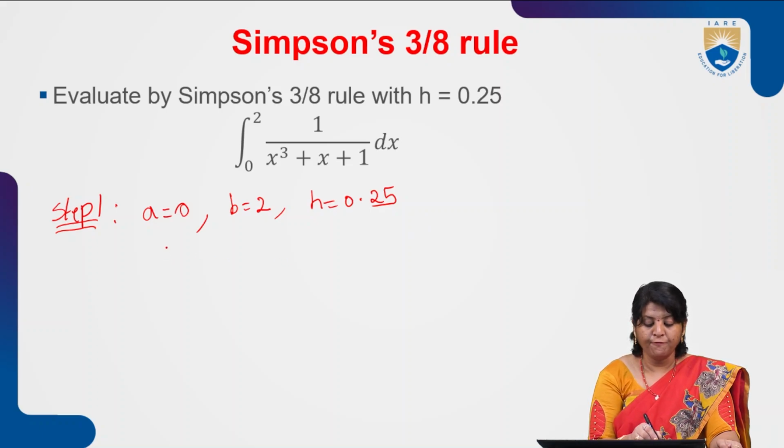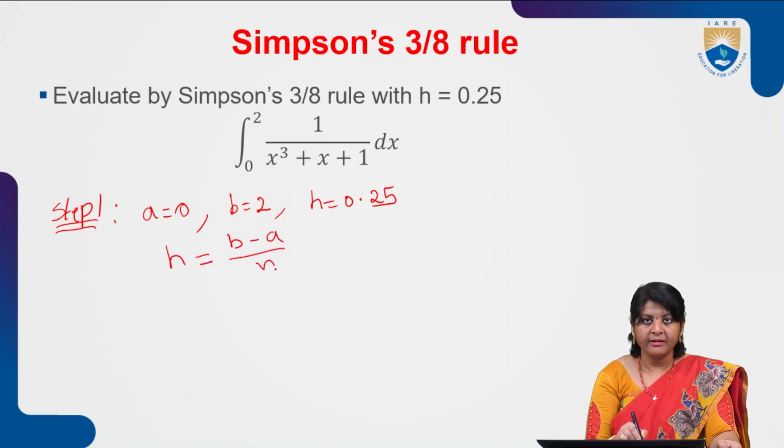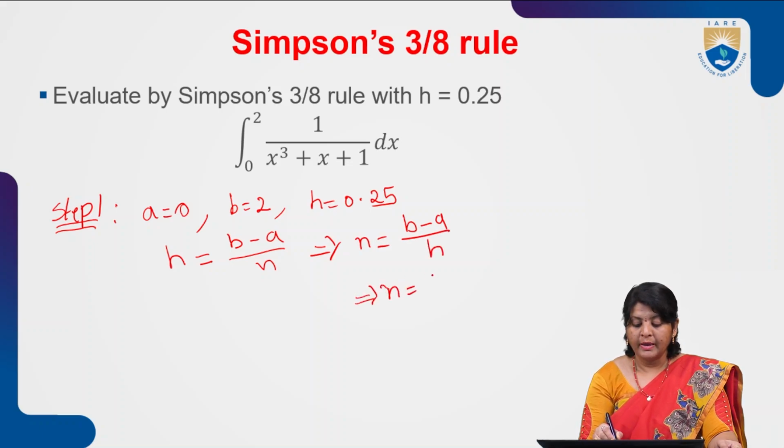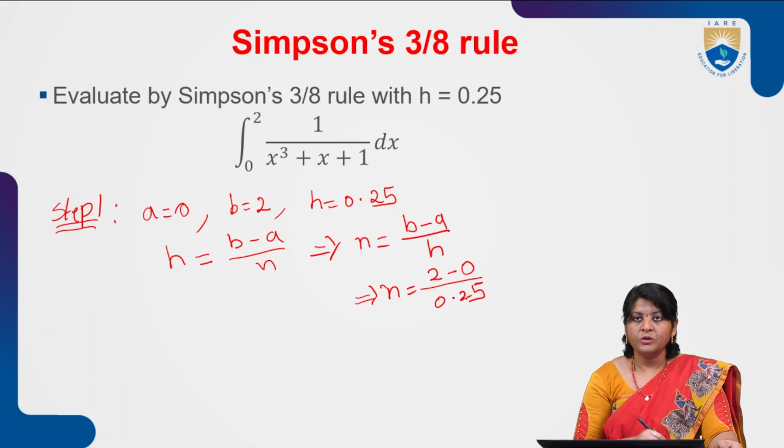As we know the formula for h is equal to (b minus a) by n, from this formula we will find n. So n is equal to (b minus a) by h, where b is 2, a is 0, and h is 0.25. So 0.25 is 1/4, and this gives 8.